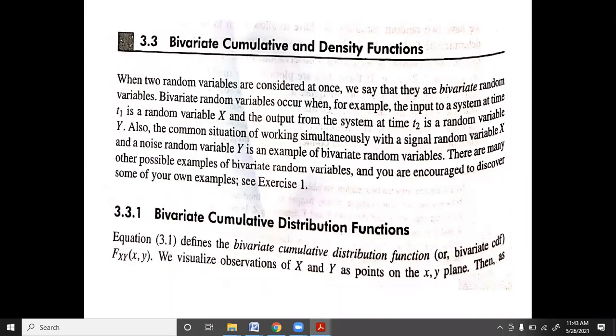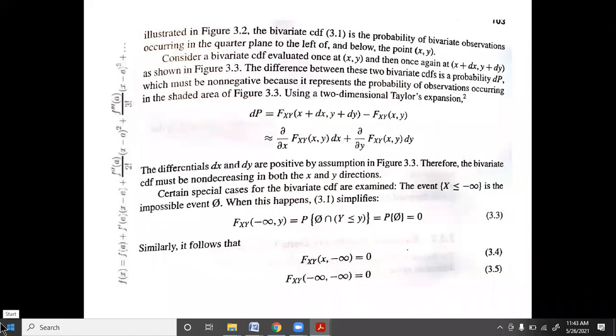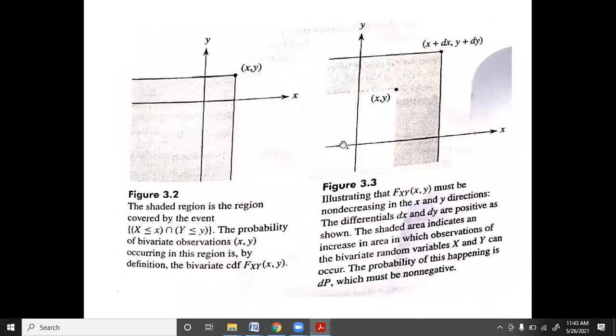Now let us consider how the bivariate cumulative distribution function can be derived or considered from the single random variable. So if we have F of x, y, where we are considering the CDF of two different random variables x and y, then how can it be visualized? Okay, so we can consider this figure.